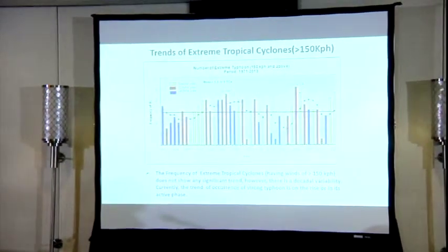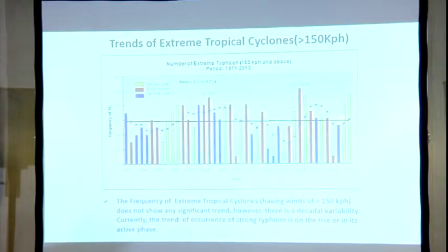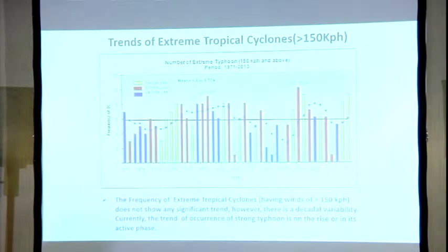So what you are seeing is that there is a cycle. See that? And then this is 2013. But at 2014, as of this time, we only have 15 tropical cyclone. So it might be lower than what we are really expecting. So ito yung mga very strong tropical cyclone, intense tropical cyclone.